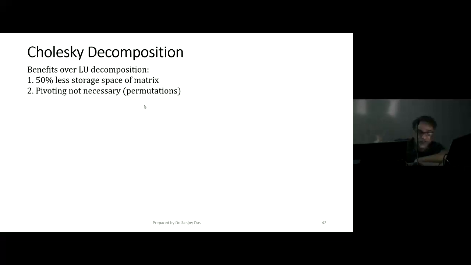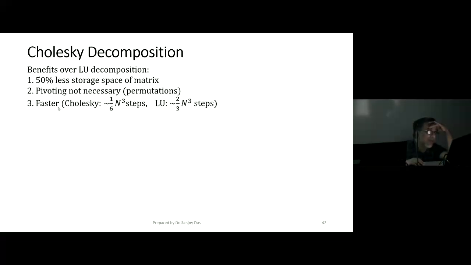But I'm not giving you the Cholesky decomposition algorithm. Pivoting is not necessary, therefore. And it's faster. It's 25% the number of computations of LU decomposition.